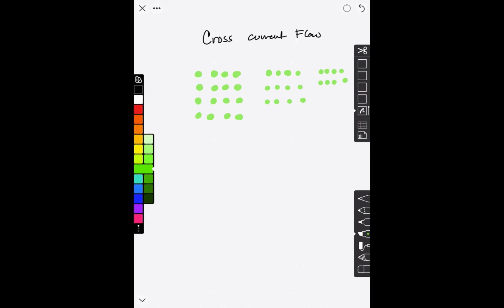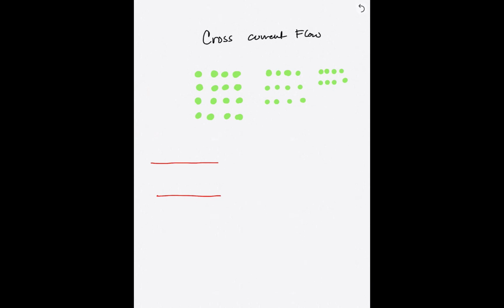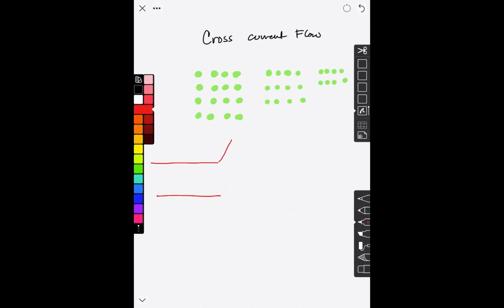All right, I've got my gradient, and now what happens with our bloodstream is that we basically have one vessel down here, and that vessel is going to split into 3 vessels.